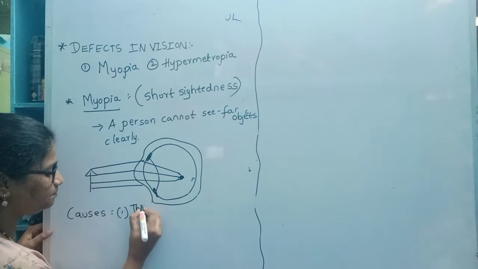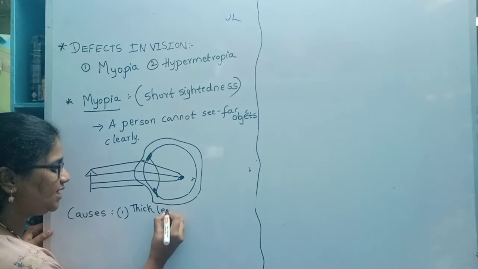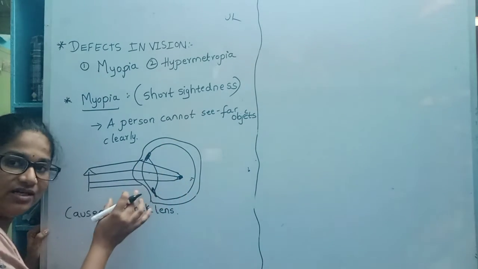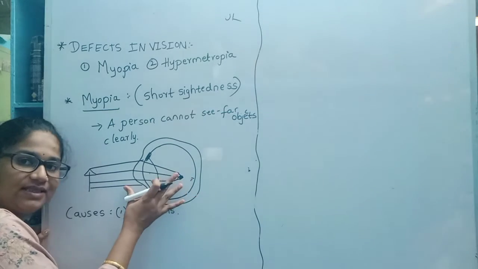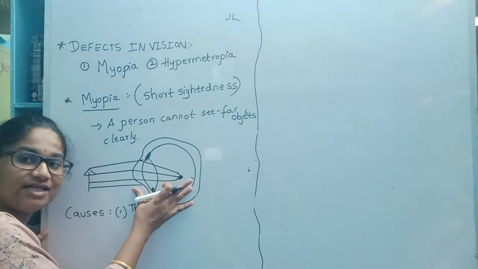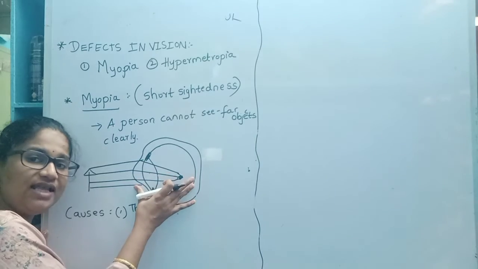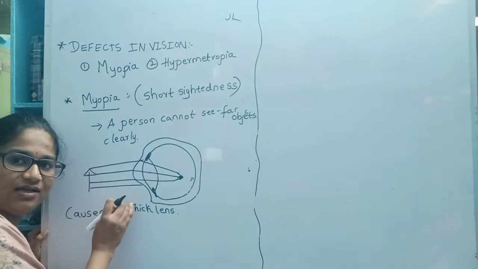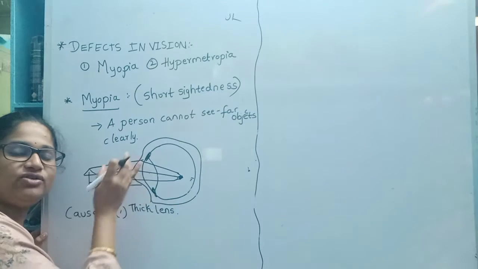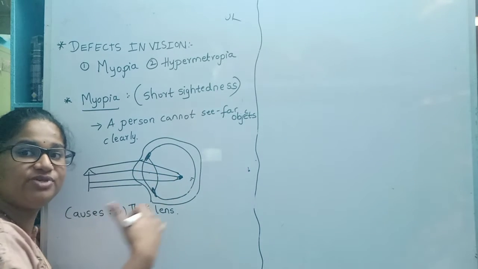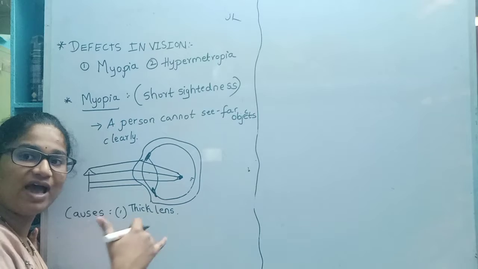The ciliary muscles may not be relaxing and the lens has become thicker, so the focal length, that is the distance between the lens and the image, is not increasing. If the focal length is not increased, the image is not formed on the retina, and we are not able to see clearly the objects which are at a far distance.